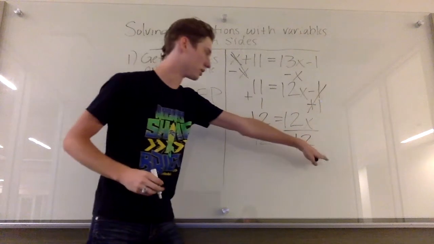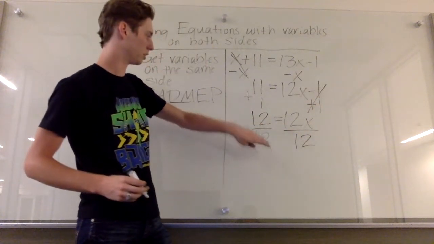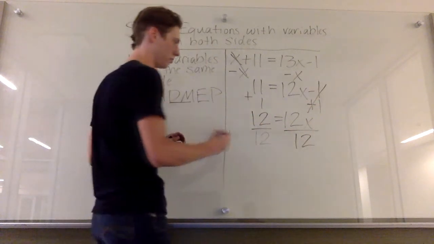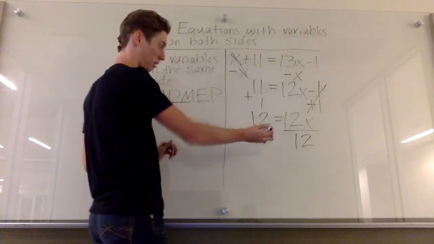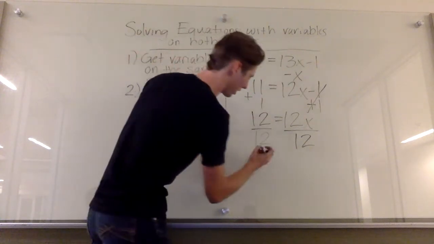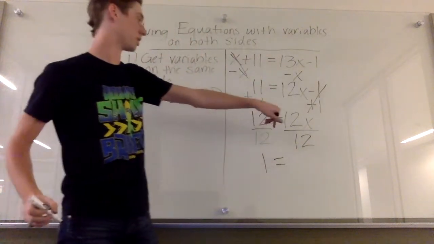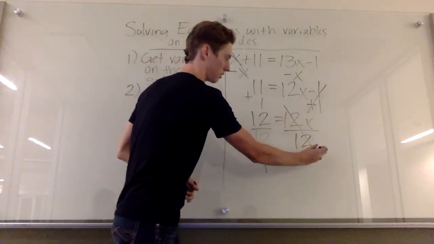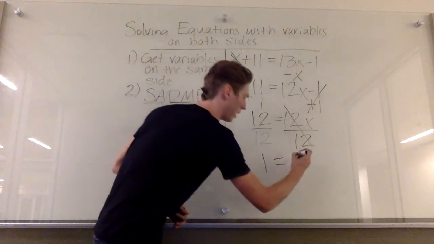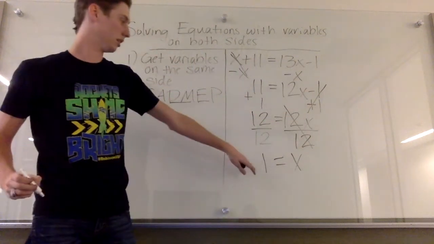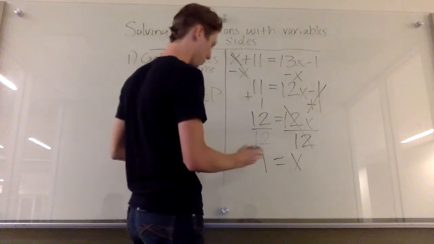And if we do something on one side, we've got to do it to the other, so we're going to divide by 12 on this side as well. 12 divided by 12, if you can't remember, you can put it in your calculator. This can be 1. Don't forget your equal sign. These 12s cancel, leaving this to be 1x. And boom, we've got our answer: x equals 1.